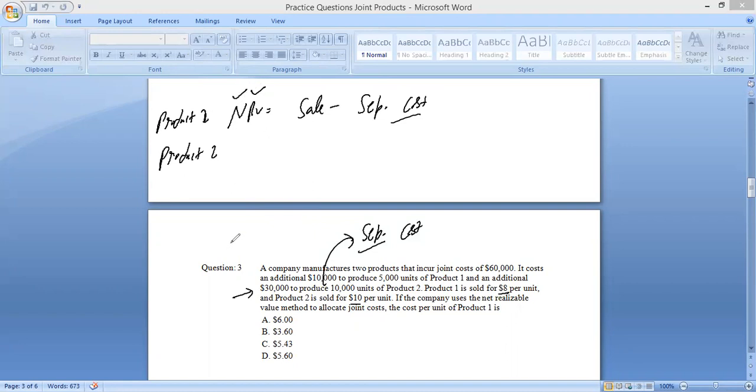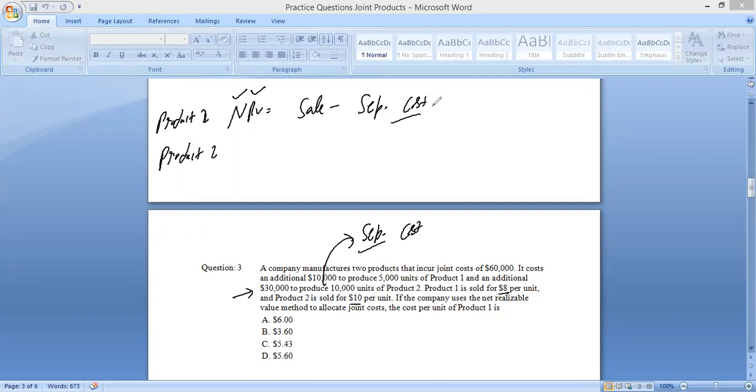In the previous question, you noticed that I calculated the weightage on the basis of sales value because he asked us as per the sales value method. Here he is asking as per the net realizable value method, so the weightage will be calculated on the basis of NRV.